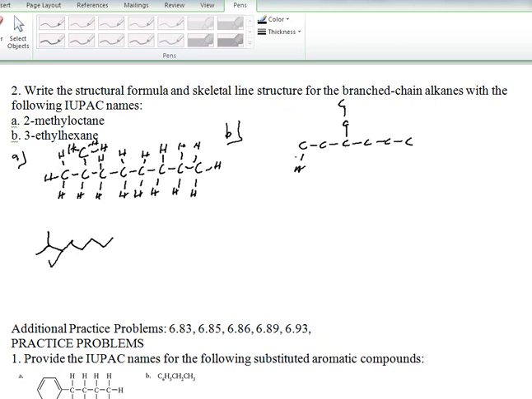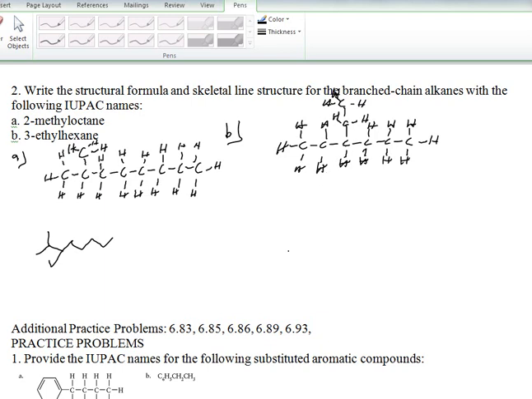And again, we fill in the H's here. And one more H. So we have 3-ethyl hexane.